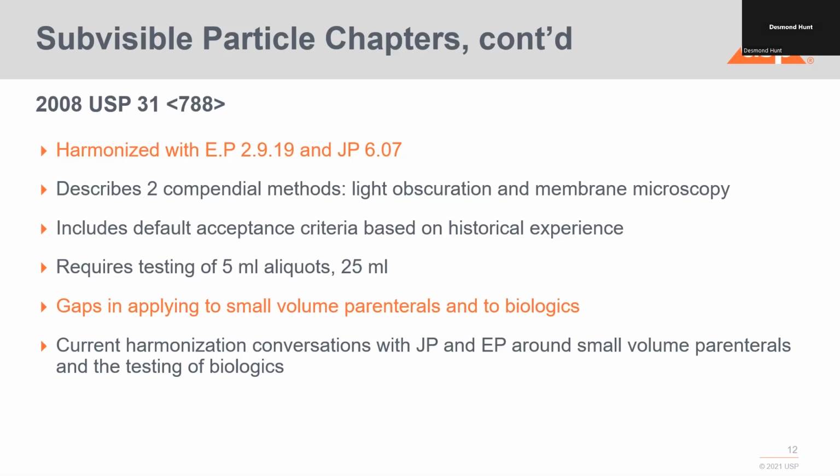So this is a lot of the discussion we're having right now as it relates to 788. And I would say keep your eyes open, because in the not so distant future, I would expect a republication of 788 based on these discussions around smaller sample size and more robust sample prep so that you don't create particles, to get stakeholders' feedback as we continue this discussion with the European Pharmacopeia as well as the Japanese Pharmacopeia.